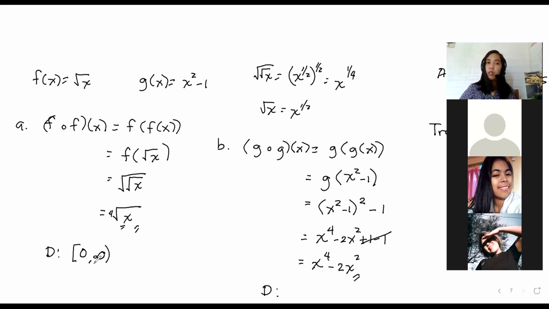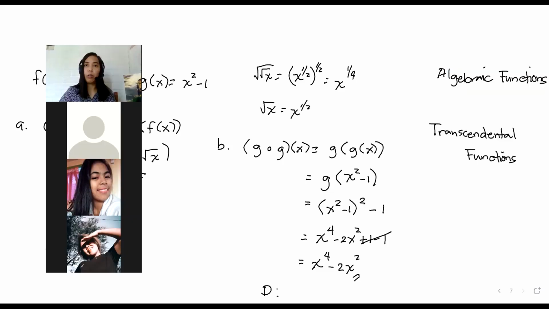Kaya meron ng restriction sa domain. Hindi natin pwedeng isama ang negative infinity. From 0 lang, from 0 to positive infinity. Pag polynomial functions, like quadratic, linear, yan, cubic function, ang domain yan ay all real numbers.